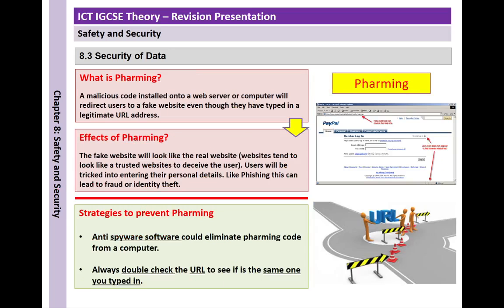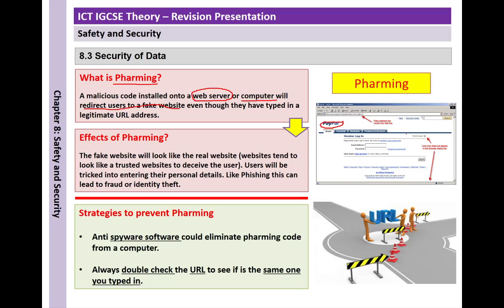Pharming, on the other hand, is more dangerous than phishing and spamming, because this is a code that will be installed either in the web server, for example in the website you are accessing, or in your computer, and this will allow them to redirect you to another fake website. So you are trying to access your bank website, for example PayPal here, and instead of accessing the PayPal website, this will redirect you to another fake but identical-looking website.